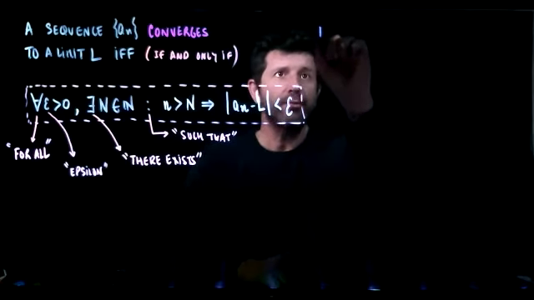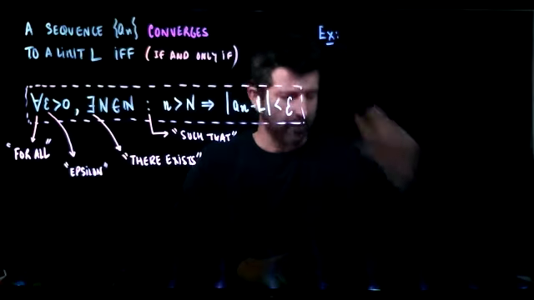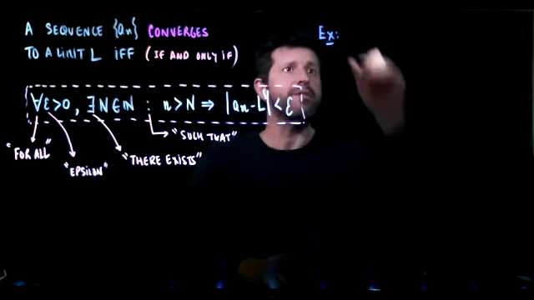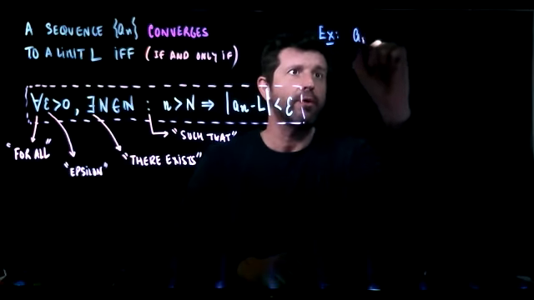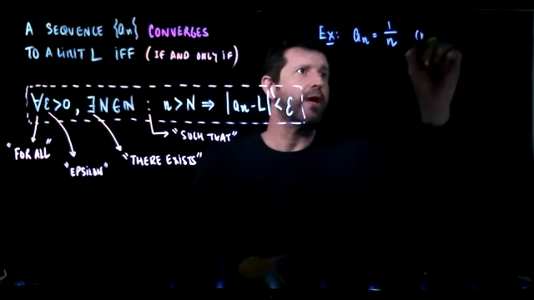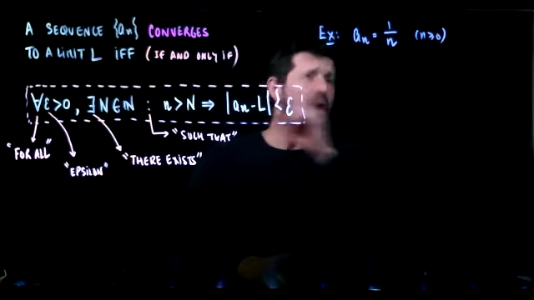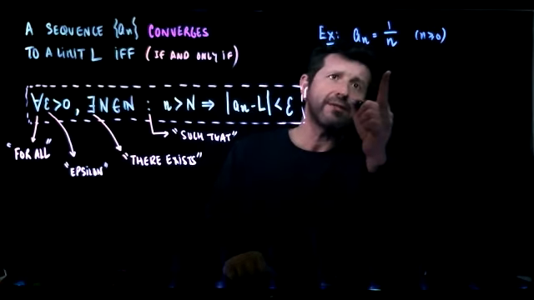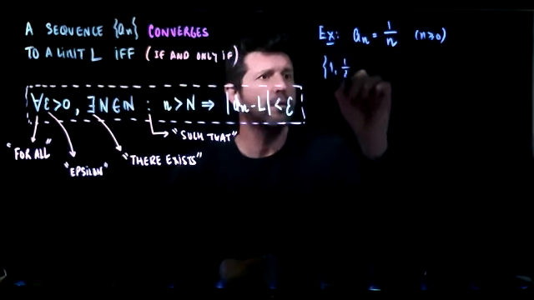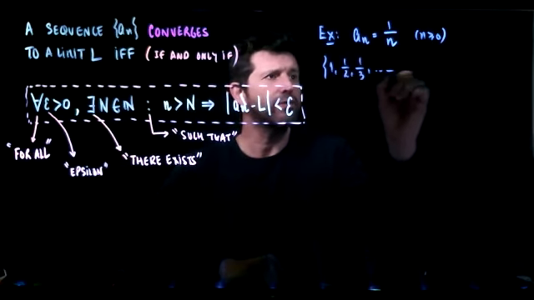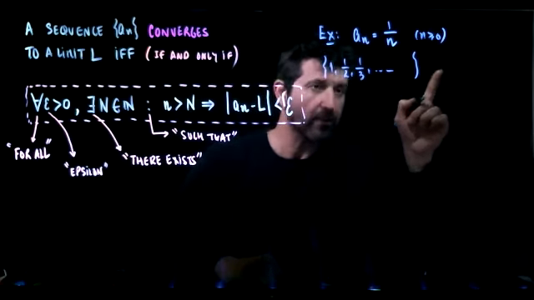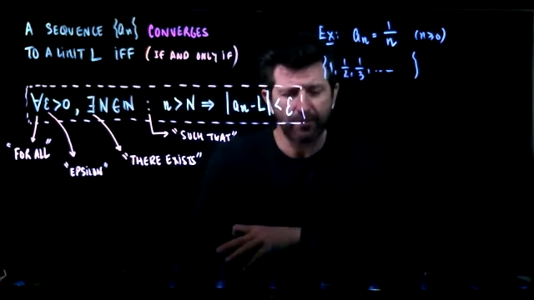So for example, the sequence that we did before, which is a_n equals 1 over n, with n greater or equal than 0. Well, this sequence is what? 1, 1/2, 1/3, and so on and so on. It goes on forever, right? There's an infinite amount of terms here. Do you think that it converges to something?